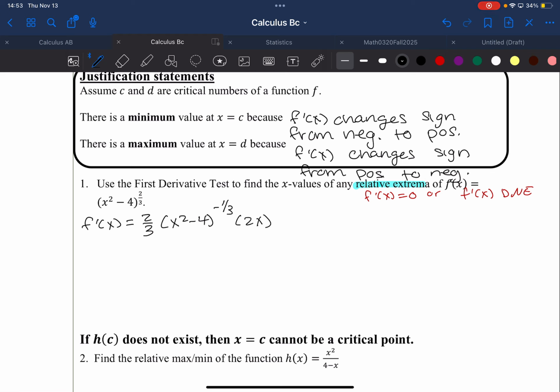Okay, I brought down the exponent of 2/3, subtracted 1 from the exponent, and then took the derivative of the inside function. I'm then going to make it pretty. I'm going to get rid of that negative exponent, put it back in the denominator, and then simplify anywhere I can. So when I do that, I get 4x over 3 times the cube root of x squared minus 4.